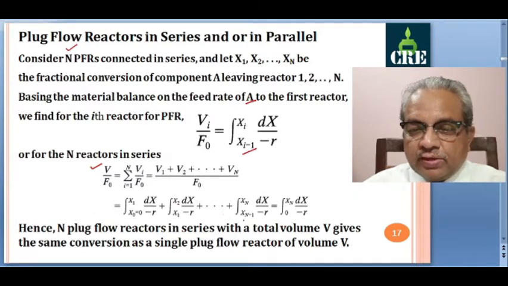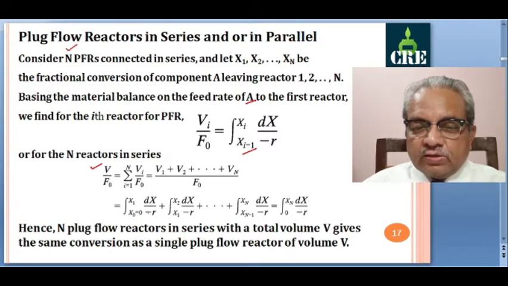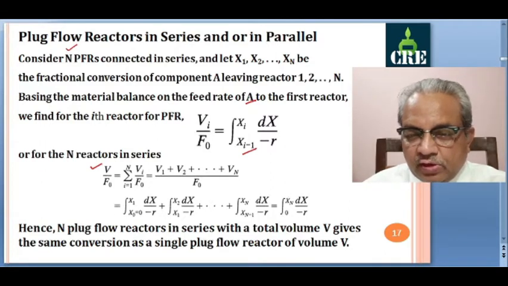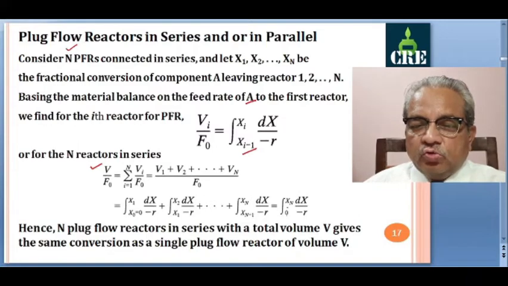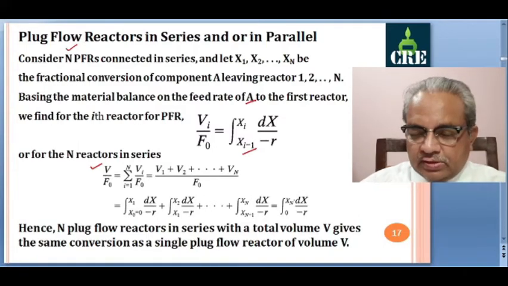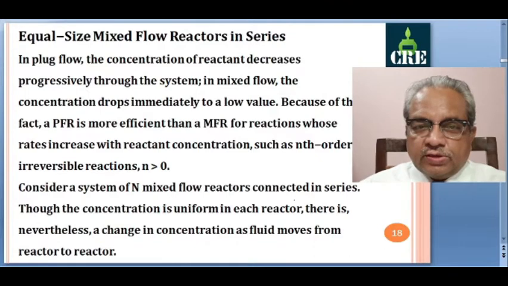Then you can have xn minus 1 and finally xn. In between you can have xi minus 1 to xi, and this is an integral. You can add, taking the lower limit of the first integral and the upper limit of the last one. This is 0 to xn dx by minus r. So you are familiar with such integrals.